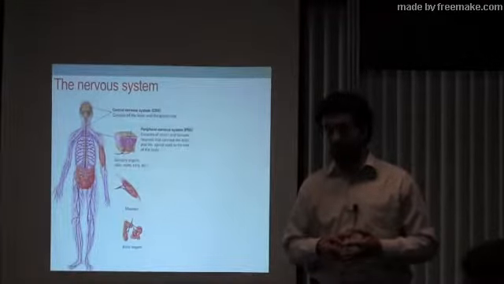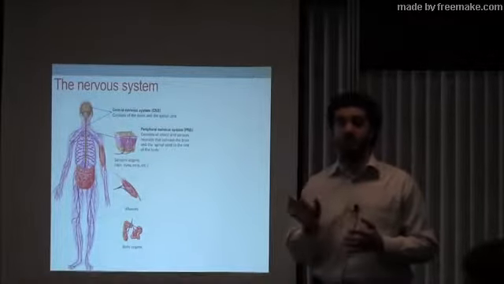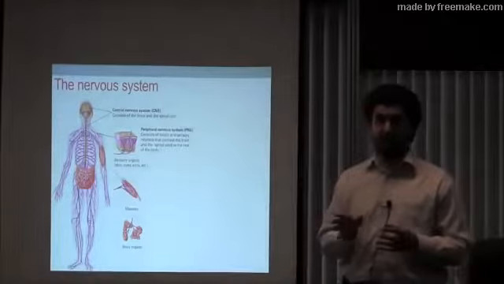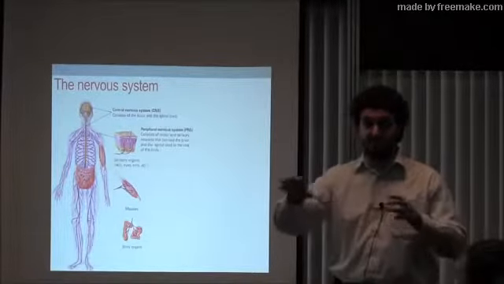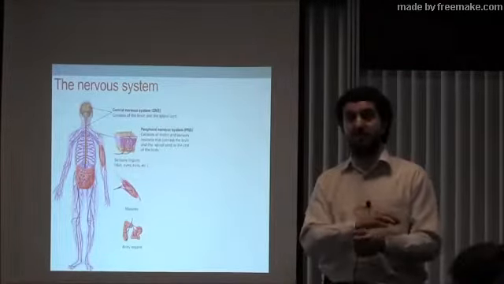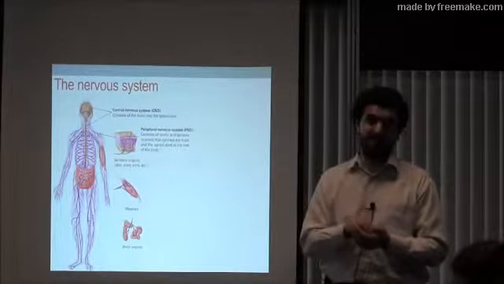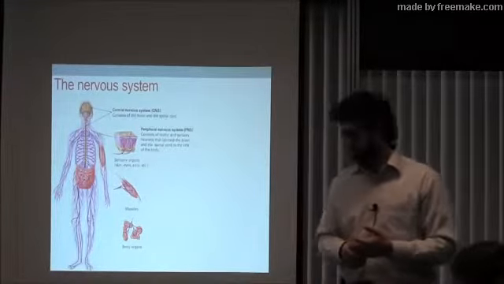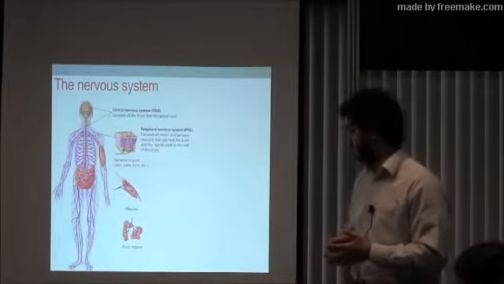Okay? This particular definition does not really stand for species other than vertebrates. Because, for example, for an octopus, the brain is distributed throughout its body. Parts of its brain are in its limbs. It's not necessarily localized in a particular area. So this definition only stands for vertebrates.